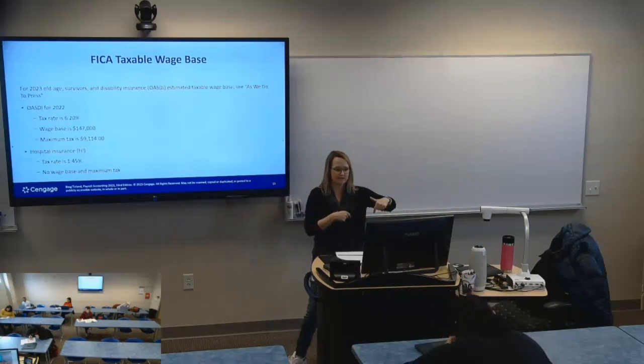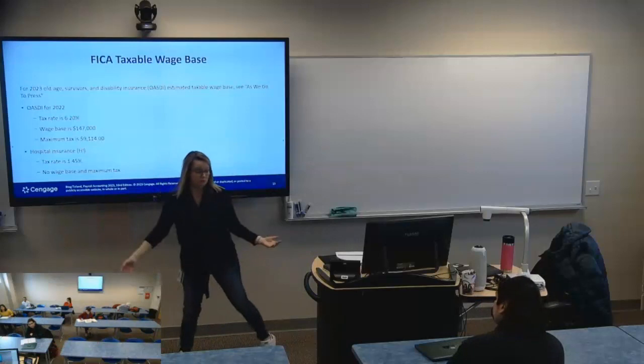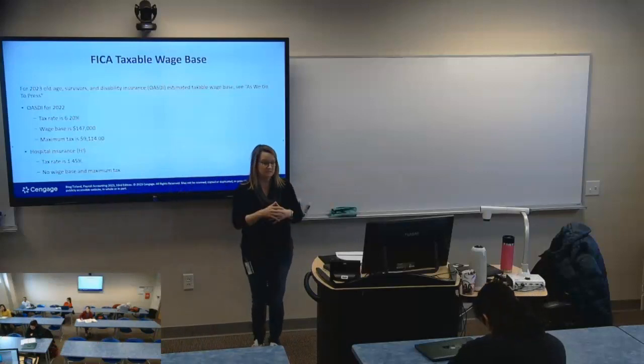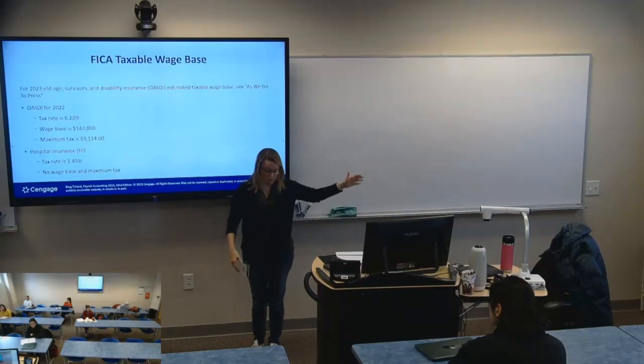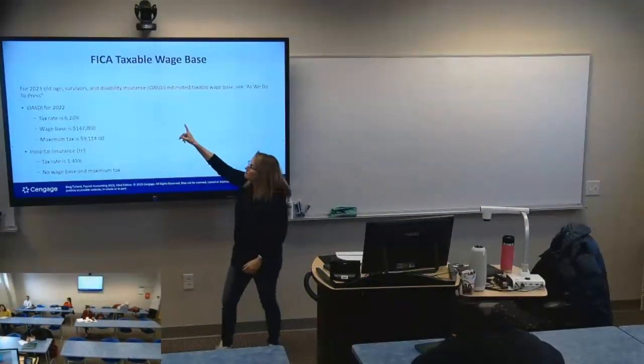You multiply those two together and you get the tax liability. There are certain taxes where the tax base goes from 0 up to infinity. Income taxes are like that. You are taxed on the whole range of income.